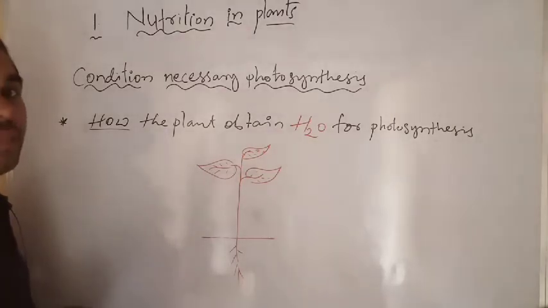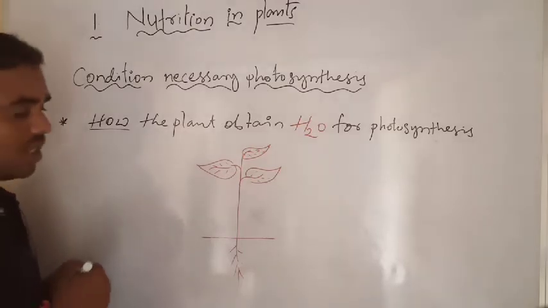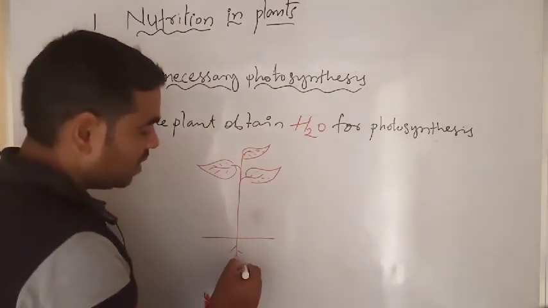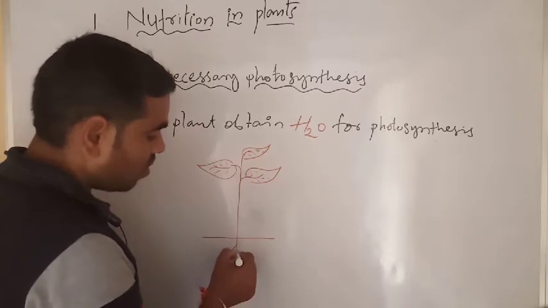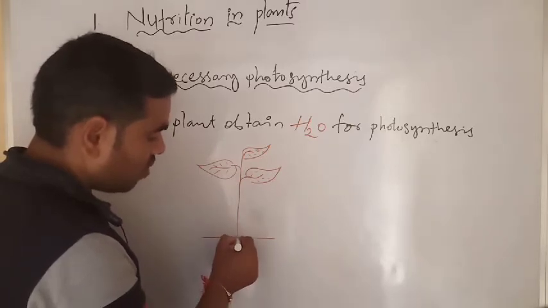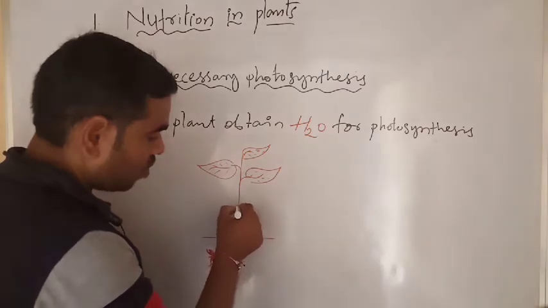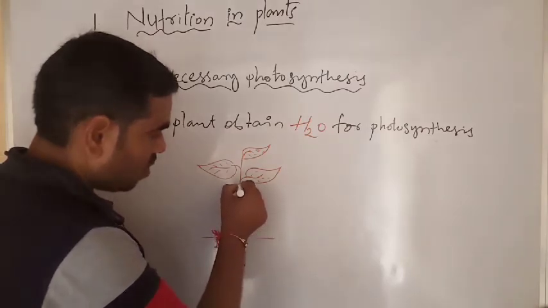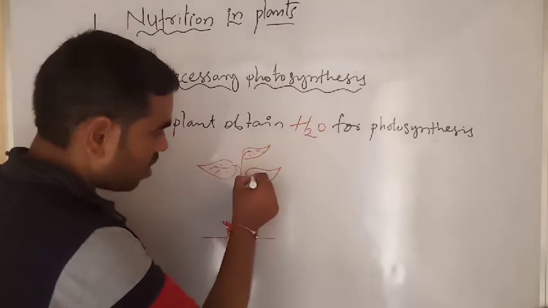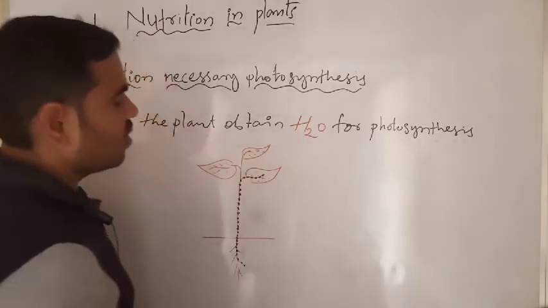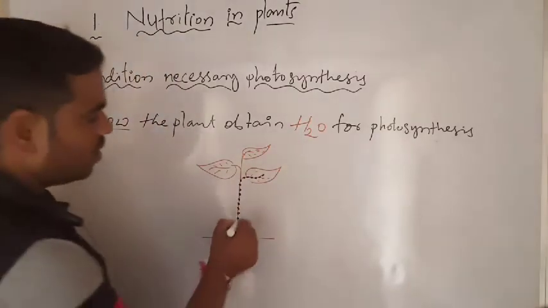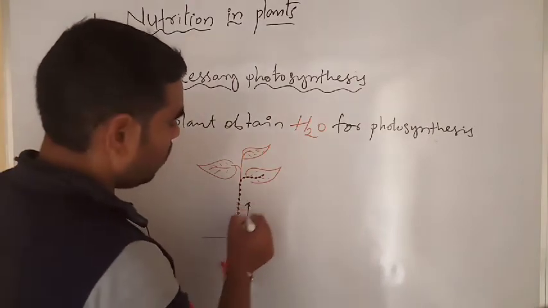The plant is getting water through the root from the soil to reach the leaves. See, water is moving.